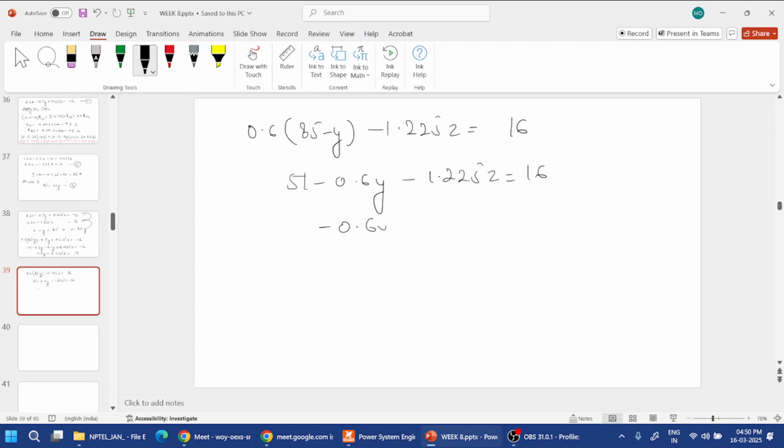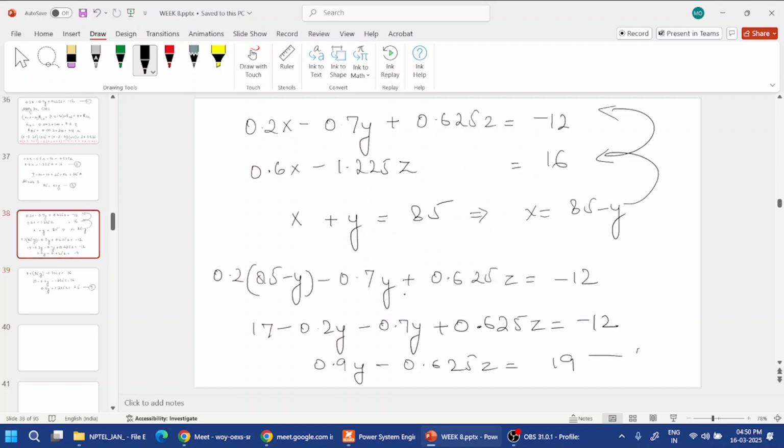So 0.6y plus 1.225z is equal to 51 minus 16, which is 35. If we remove that minus sign, these values will become positive. So this is, let's say, the fifth equation, and this is the fourth equation. Using these two equations we will solve it.